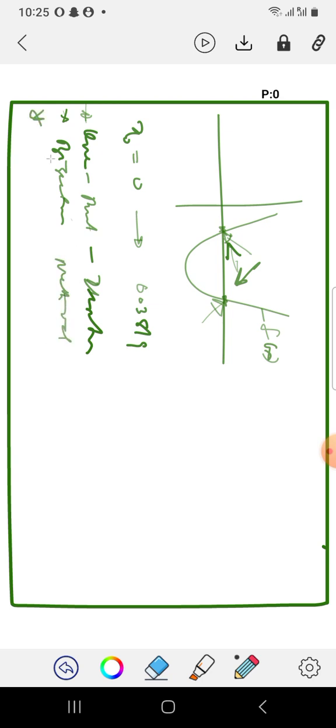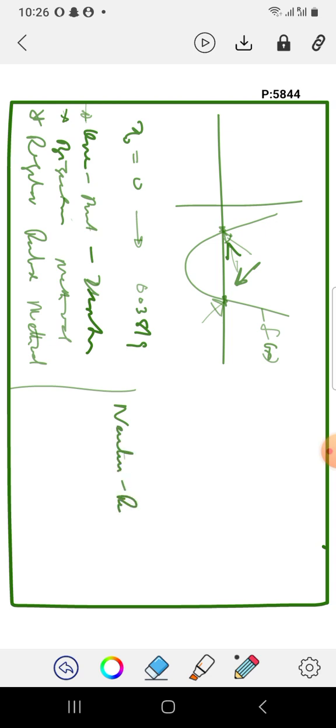Then after the bisection method, we'll look at another technique called regula falsi method. And then we'll look at the father of it all, which is the Newton-Raphson technique.